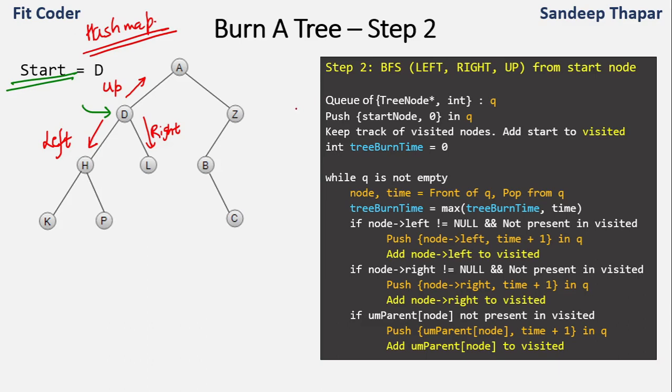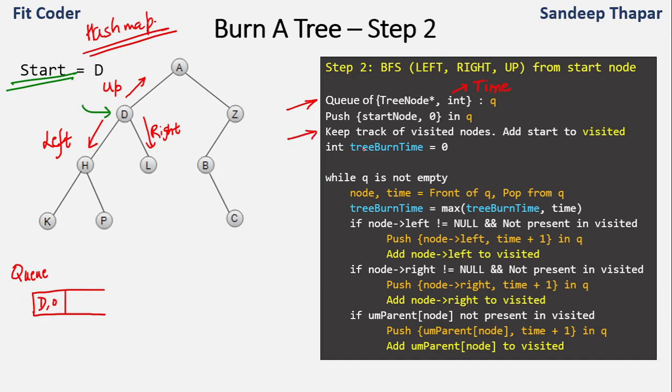So we create a queue of pairs. The first element of the pair is the tree node and the second is an integer, which is basically the time it takes to burn this node. So let's say we create a queue and we push the start node, which is D, and 0 in the queue.